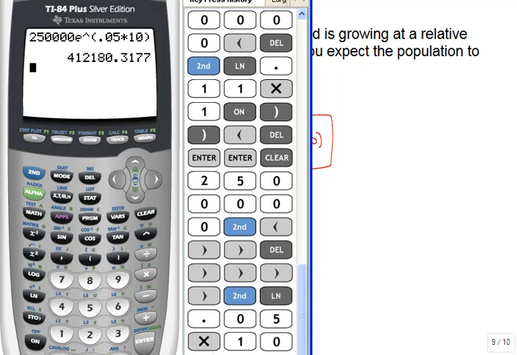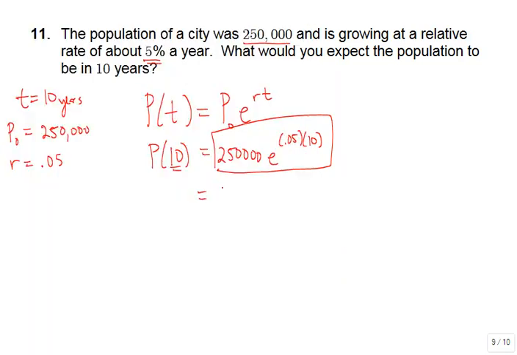And we get 412,180, and I'm just going to round this off to the nearest ones place because these are people that we're talking about. So in about 10 years, my population has almost doubled, not quite.